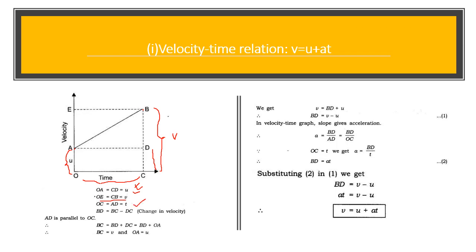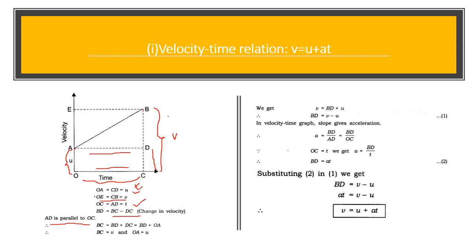And you can see what is the change in velocity. We know the formula, change in velocity, final velocity minus initial velocity. BC minus CD equal to BD. Now AD is parallel to OC. These two lines are parallel to each other, OC and AD. Therefore, you can write BC is equal to, what is BC? Final velocity.